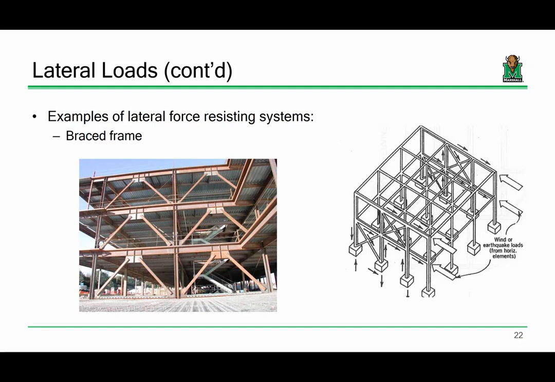You take that tributary area concept and distribute those pressures as point loads on the braced frame, and then you're basically doing a truss analysis in order to determine what's the tension in this brace, what's the compression in this brace, and then design accordingly. So that's what a braced frame is.